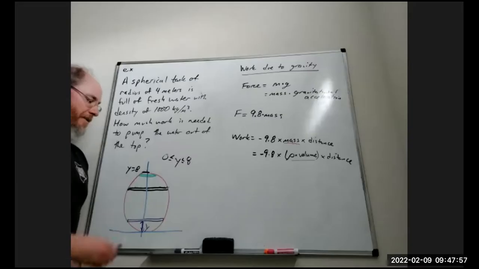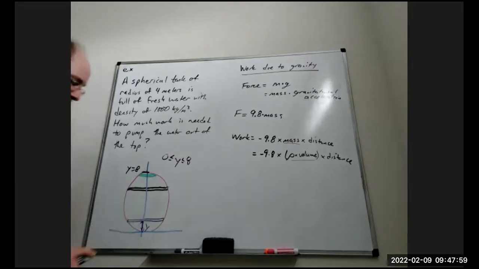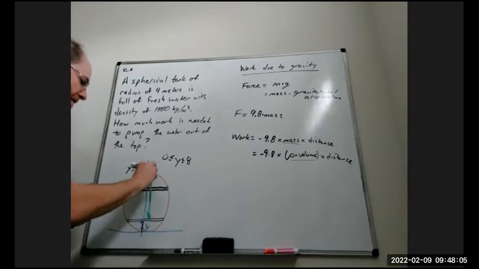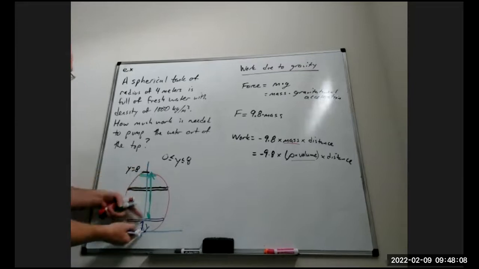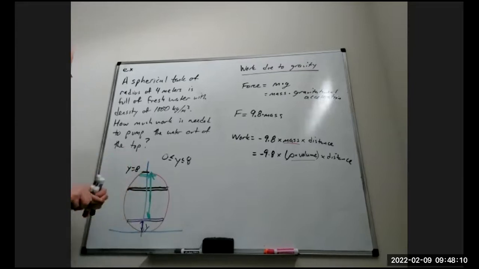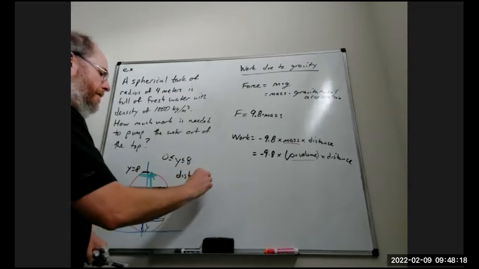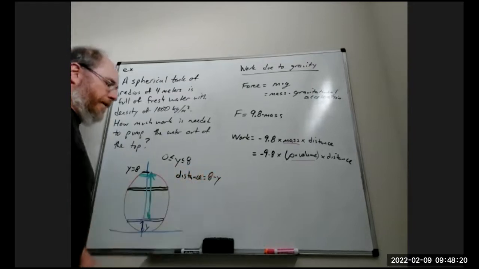There it is. So the distance that it's going to move is this distance right there, right? That plus y is our total of 8. So our distance is going to be 8 minus y. So think about it.